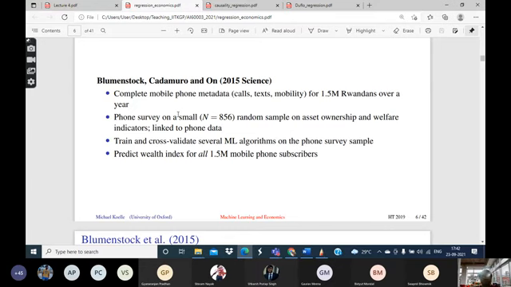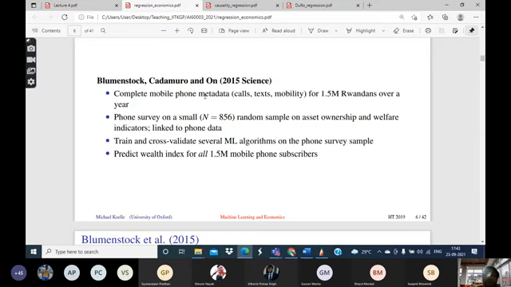In this case, the proxy variable which this study has considered is mobile phone related data. We know that a particular feature of India is that India has a very large number of poor people, but India also has a very large number of mobile phone subscribers. And mobile phones are also used by many poor people.